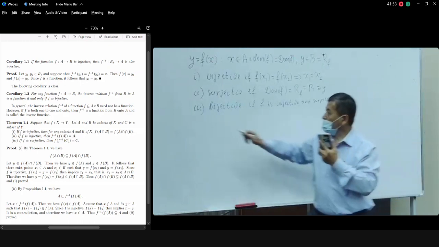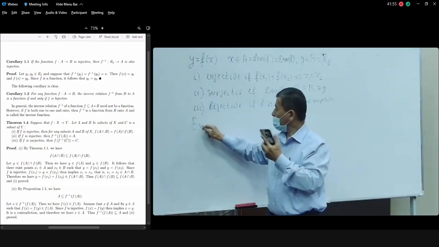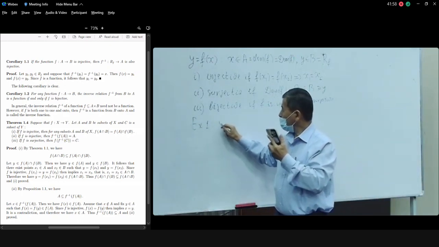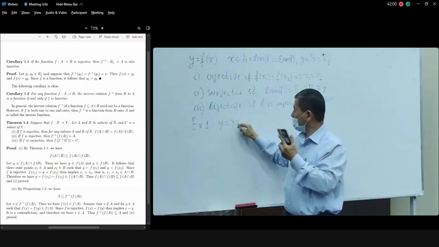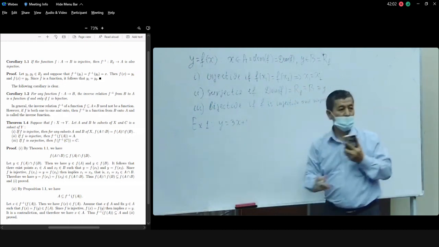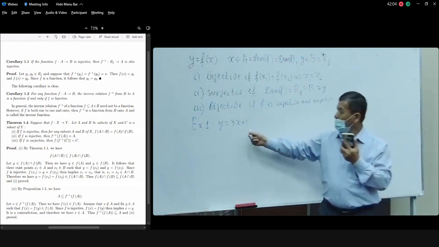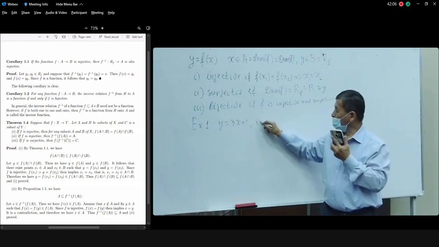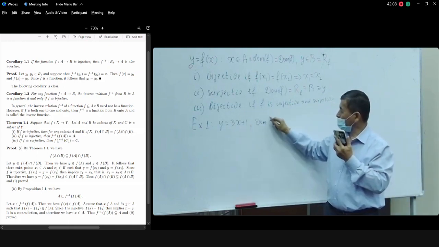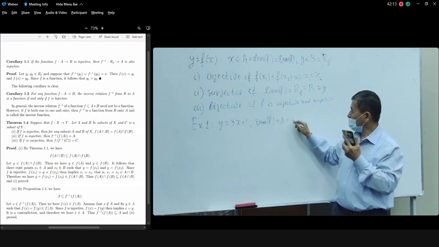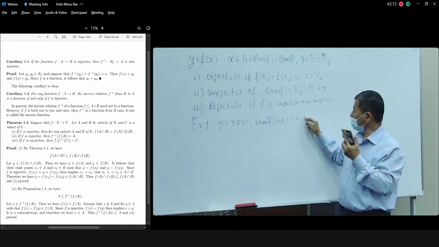There is one good example. Example one. If a function is given, for example, like this linear function, we know the domain of f, call it A, is from minus infinity to plus infinity.